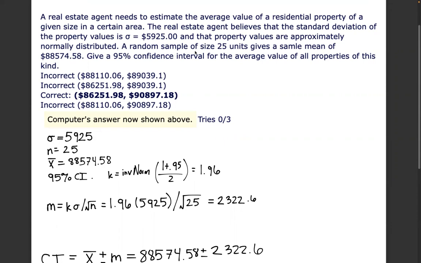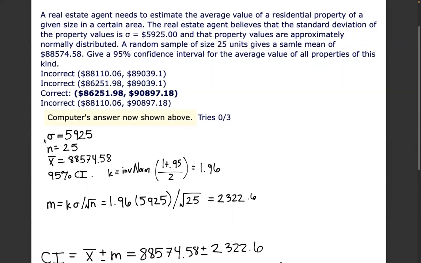A random sample of size 25 units gives a sample mean of $88,574.58. Give a 95% confidence interval for the average value of all properties of this kind.